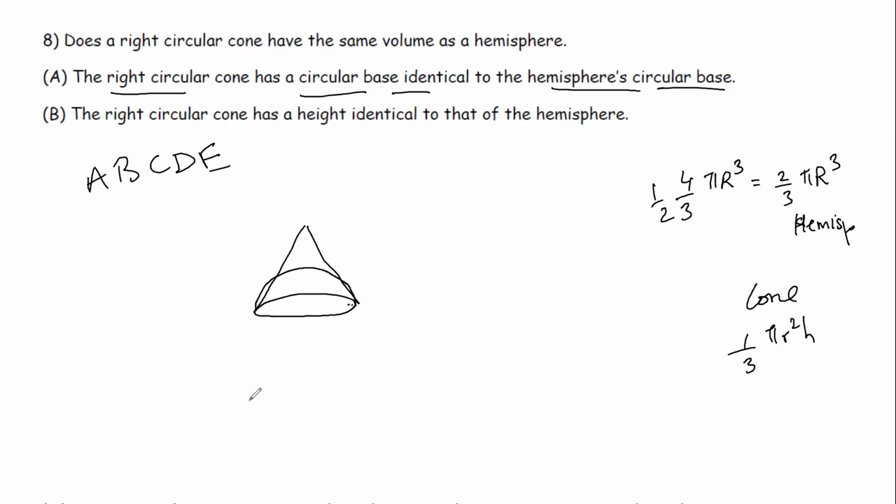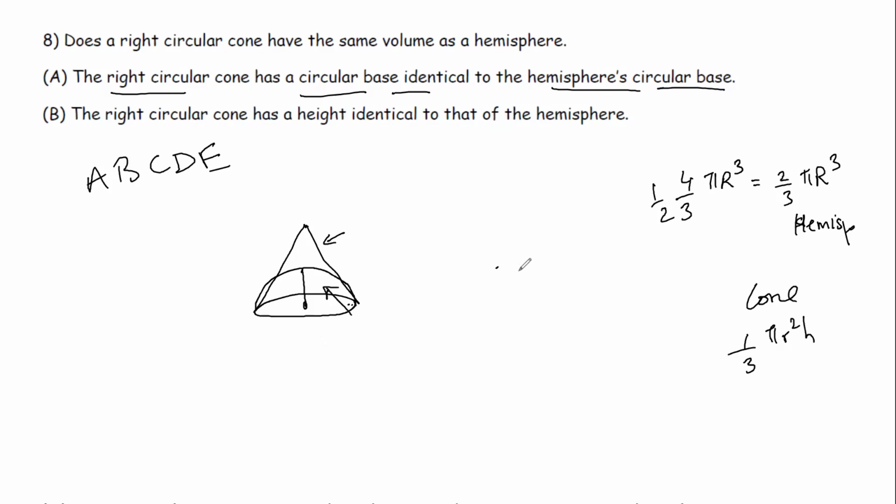So remember, if the bases are the same, but we don't know about the height, correct? We don't know about the height. So we know that the volumes could be equal or could not be equal from the first statement, right? So this cone could have the same volume as this hemisphere, right?